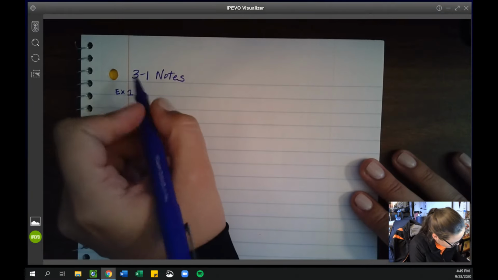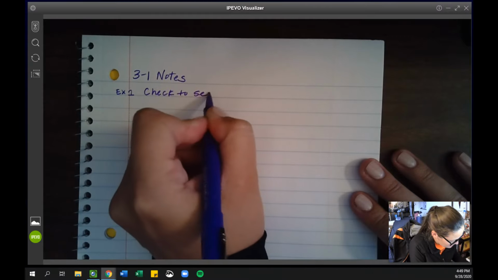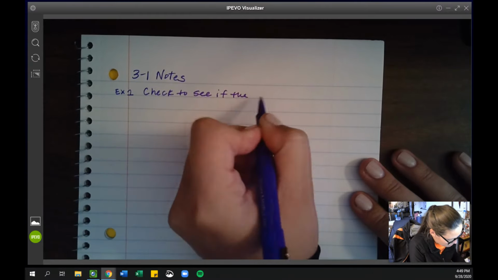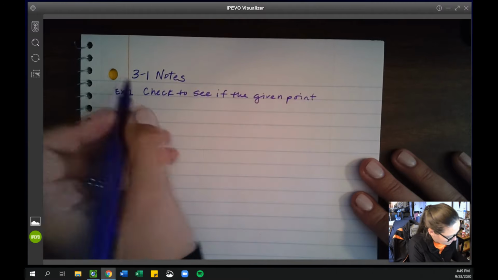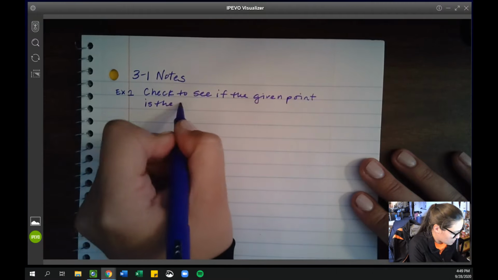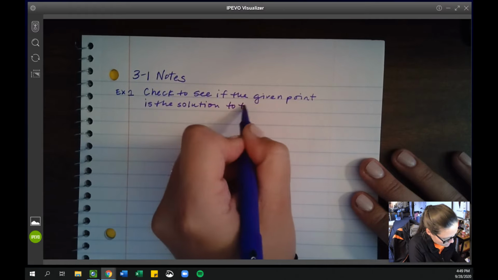So, check to see if the given point is the solution to the system.